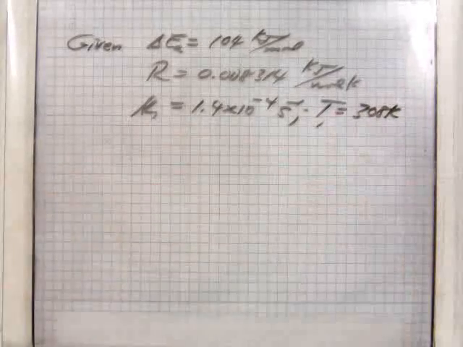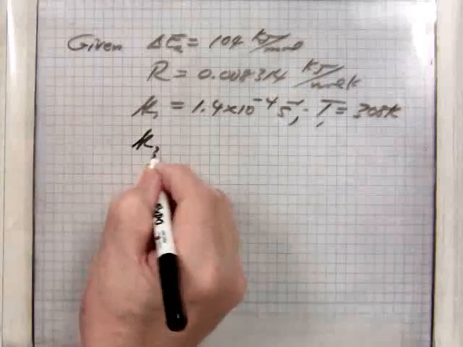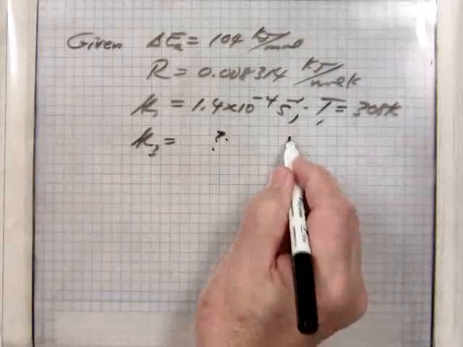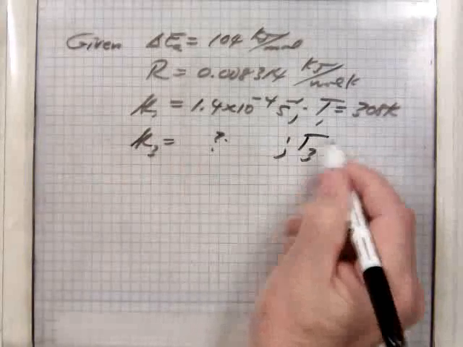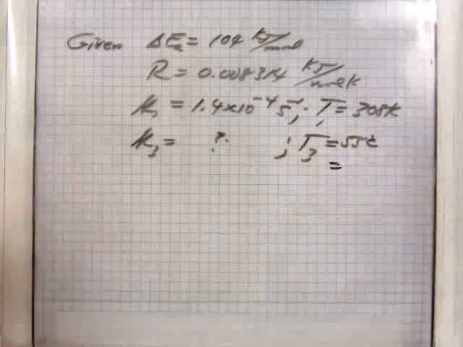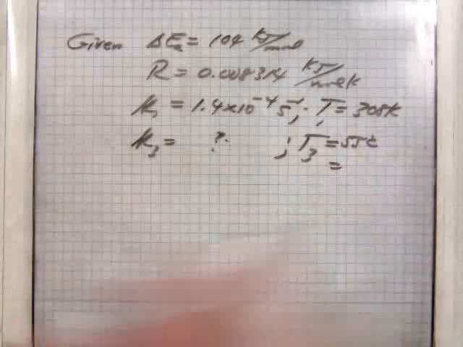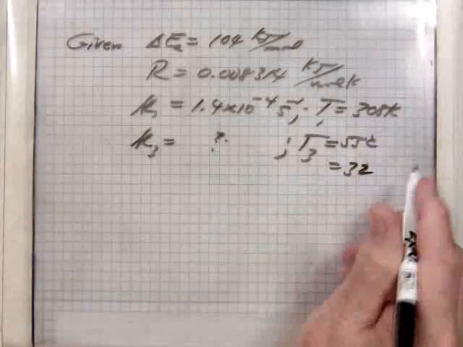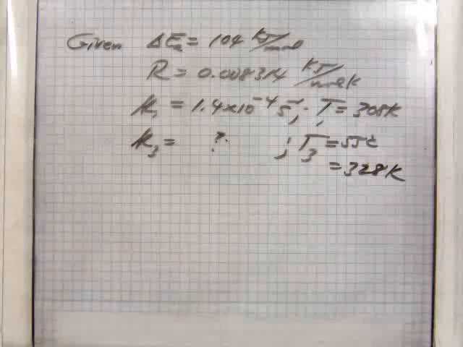And so we're looking for K3, which is the unknown at T3 equal to 55 degrees C, and that's 328 Kelvin. So there's a plug and chug in that.